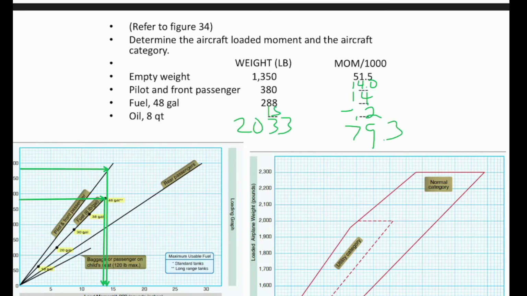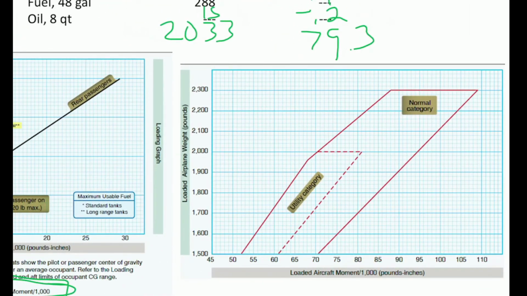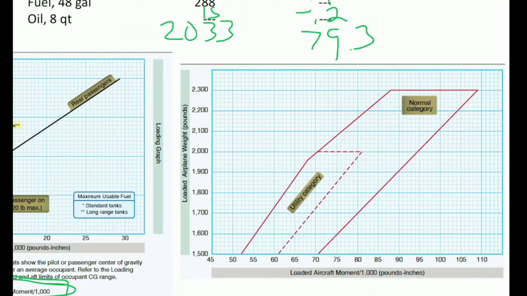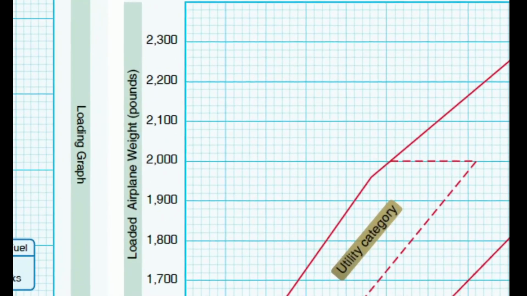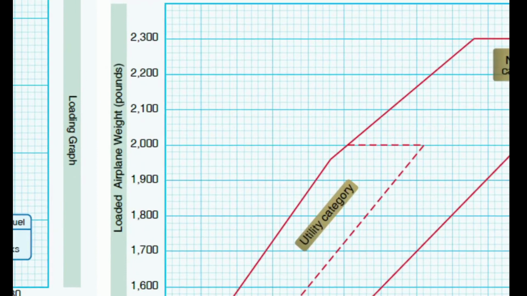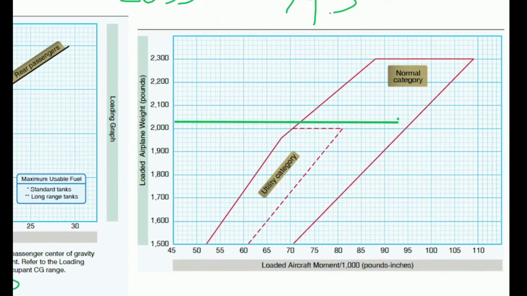So now we go over here and we look at this chart with a graph, and we find the weight on the graph at 2033. Take this all the way across, and then we look at 79 and go straight up.